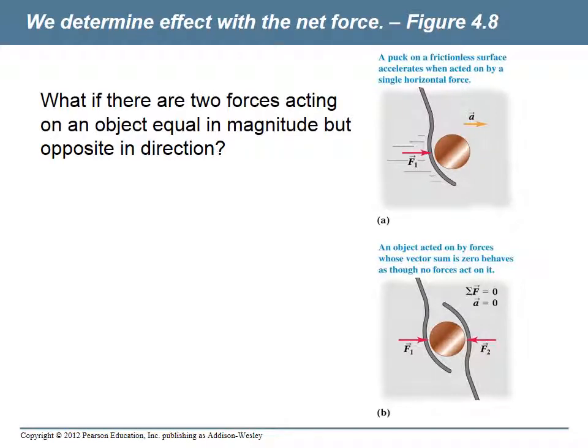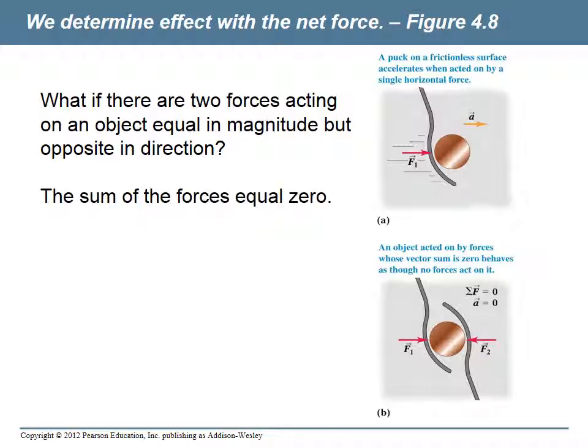But what happens if we have 2 forces that are equal in magnitude but opposite in direction acting on a puck, such as we have 2 hockey sticks here, you and your opponent? You're pushing on it in a positive direction, your opponent's pushing on it in a negative direction, with the same exact force, so the same magnitude, on the same puck here. Well, what's going to be the result? It's just going to sit there and not move at all, right?